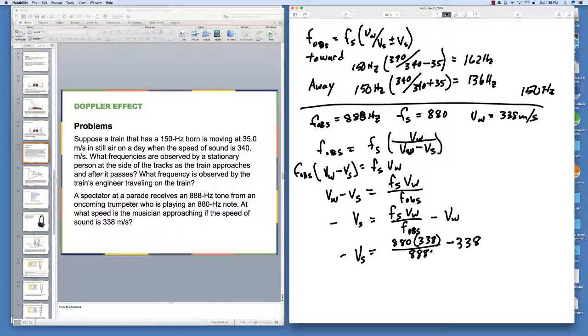You can see that you're going to get a negative number, because this is less than 1 times this, and what it ends up being is 3.05 meters per second.